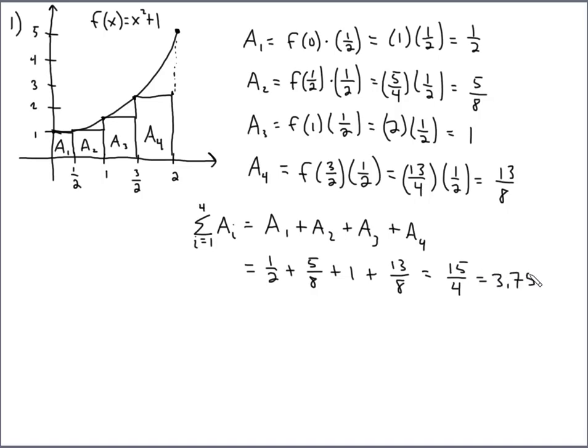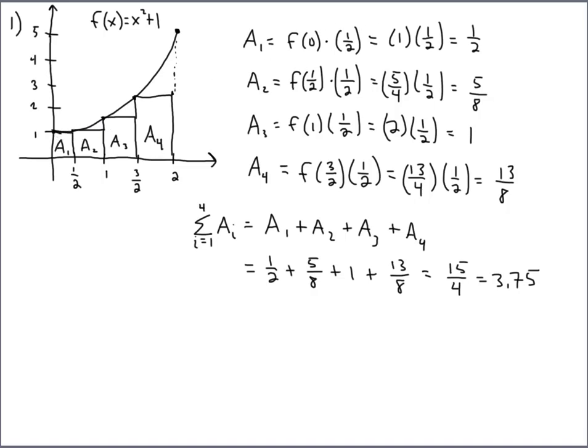So this would be a left endpoint approximation for the area under the curve. Again, this is an under approximation because we're missing all that area right there. We'll do the right endpoint next, and then we'll do the midpoint last. And we'll compare the three answers and see what the best one of them is.